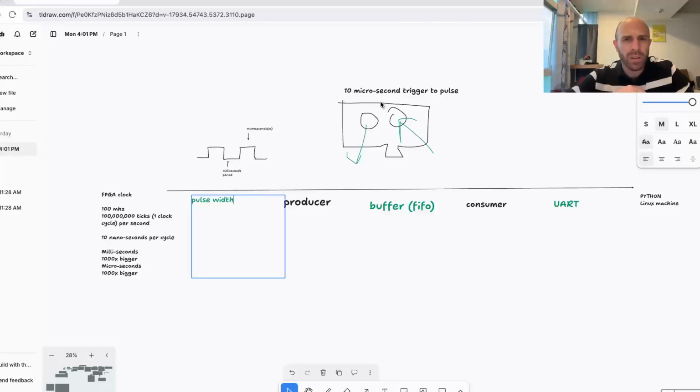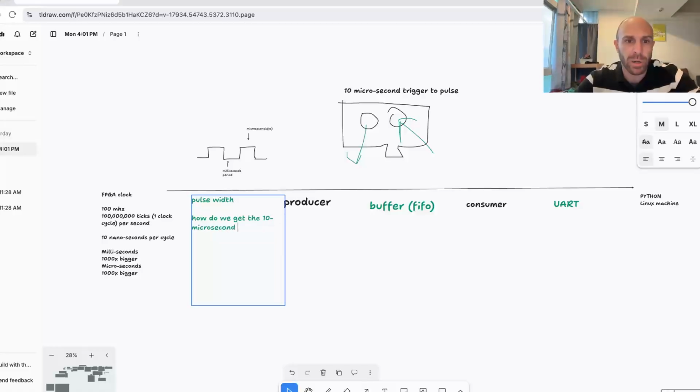Moving on. So, how do we get to the 10 microsecond trigger pulse? How do we delay that? We use counters.